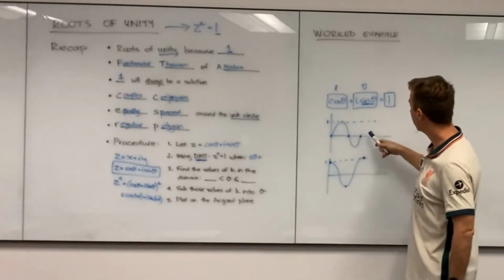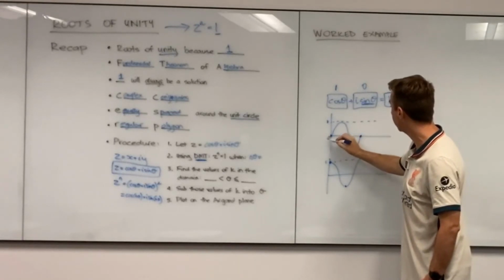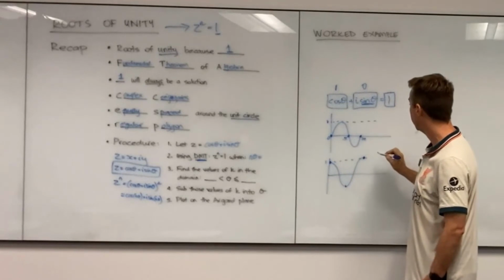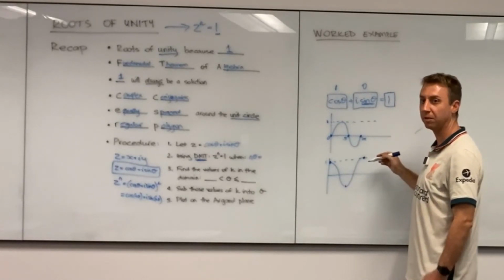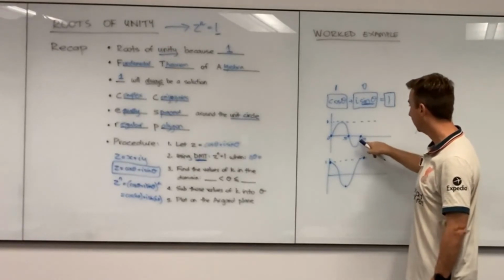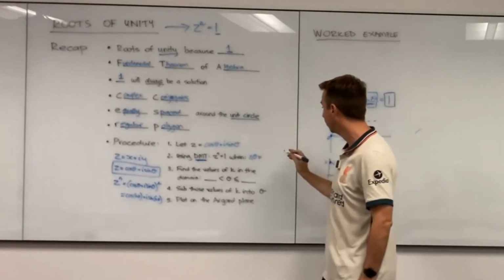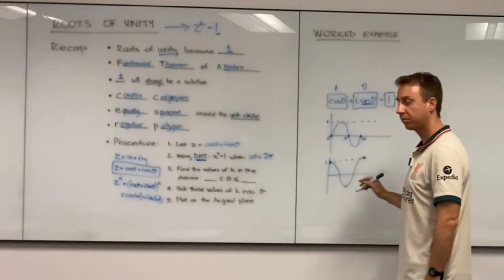So what do I know about these 2 points here? That's 0, that's pi, and that's 2 pi. What do you remember? Is this ringing any bells from the last lesson? I know that the angle that I care about will be, well, I know 2 pi is an answer. It's going to be multiples of 2 pi.